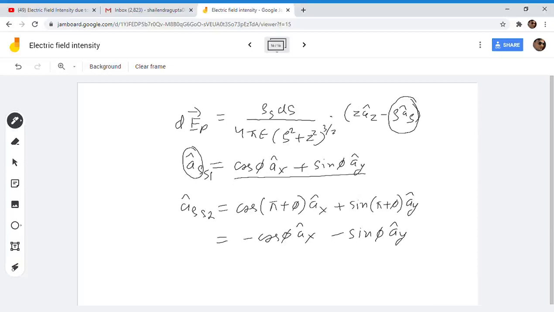So adding this EP, the a rho component will become 0, and only the Z component remains.